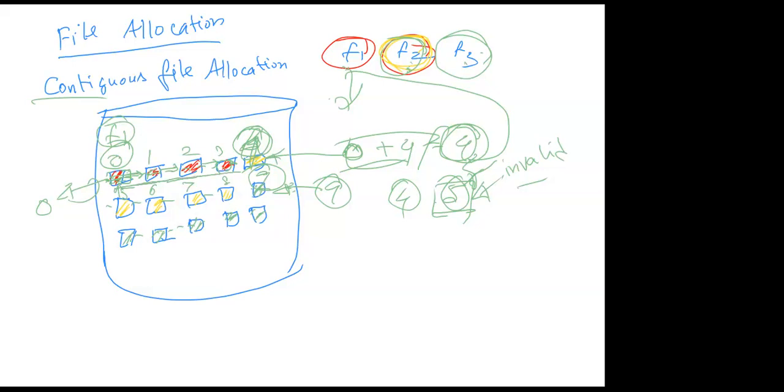But in the case of non-contiguous allocation, let's say block 0 of file F1 is allocated here, and then block 1 is stored in a non-contiguous location somewhere else. Then your hard disk head first reads this block, and then needs to jump to that block.